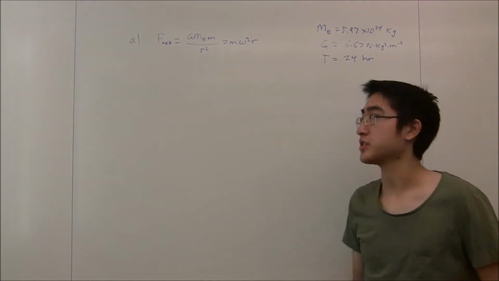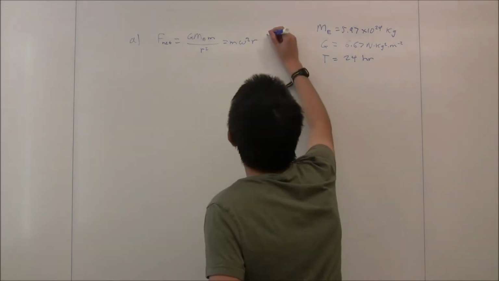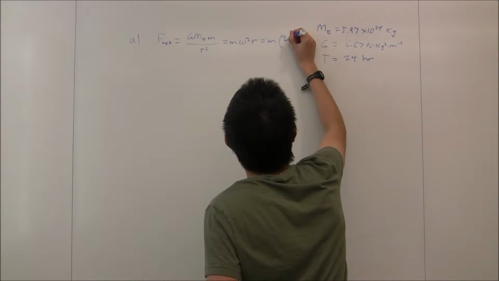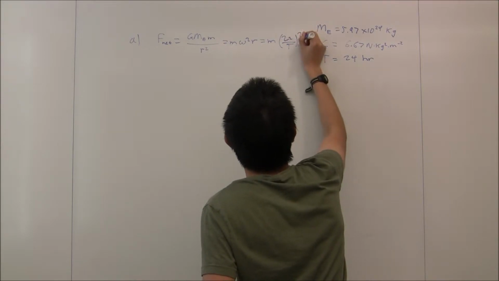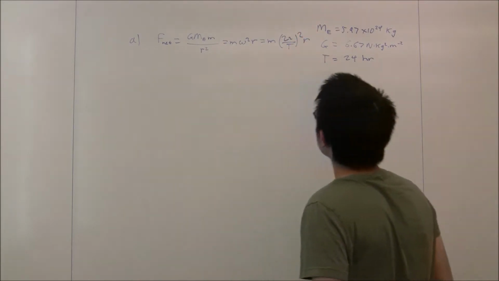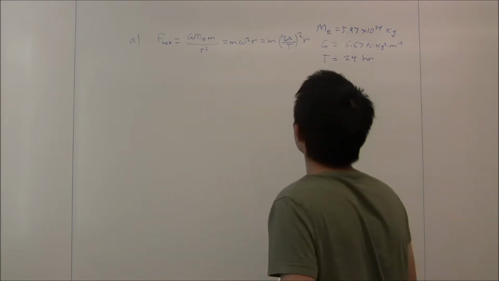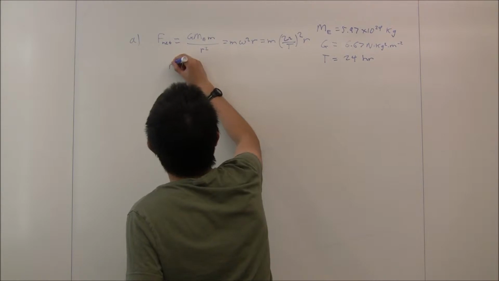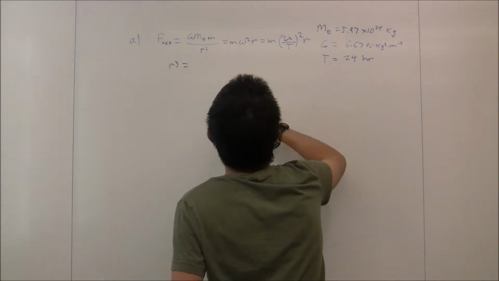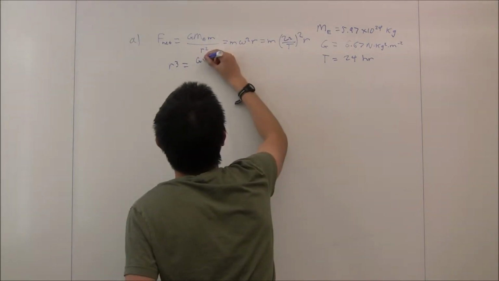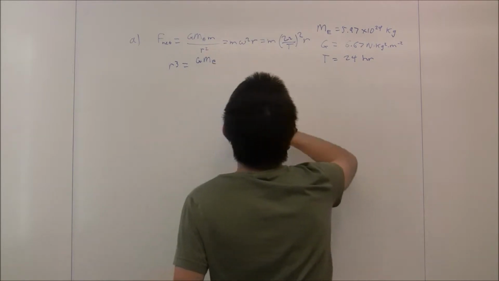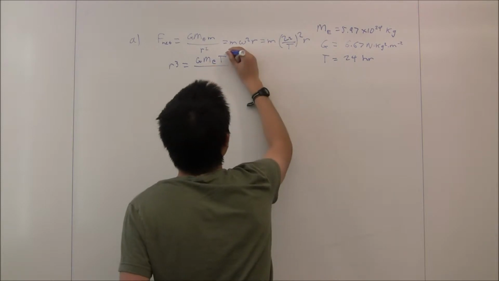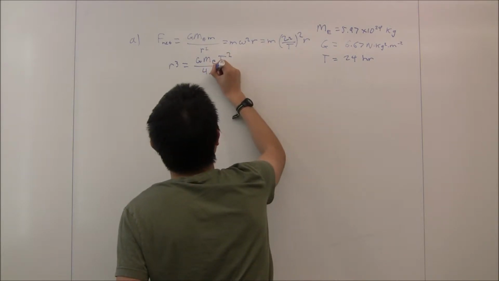And note that omega is just 2 pi over the period of the orbit, so that's just equal to m times 2 pi over big T all squared times r. So now if we collect the radius terms and move everything else to one side, we get that the radius cubed is equal to big G times the mass of the Earth times the period squared over 4 pi squared.